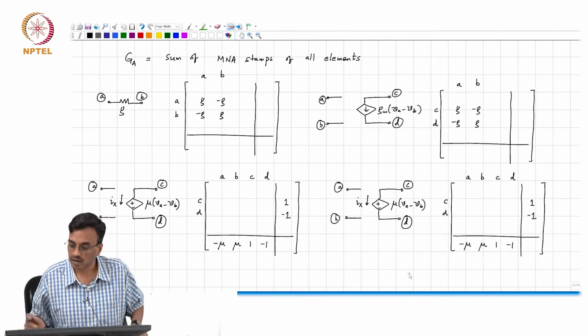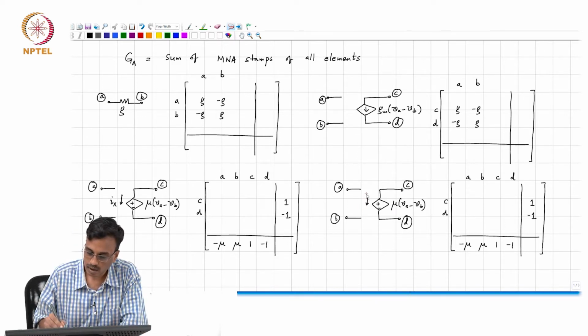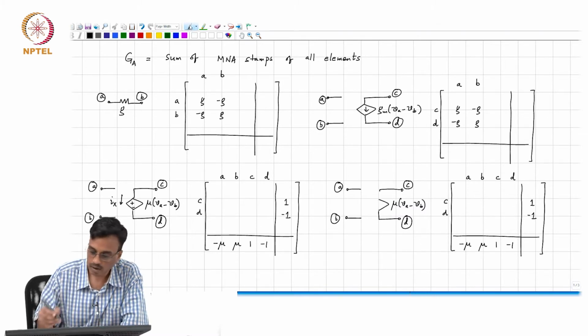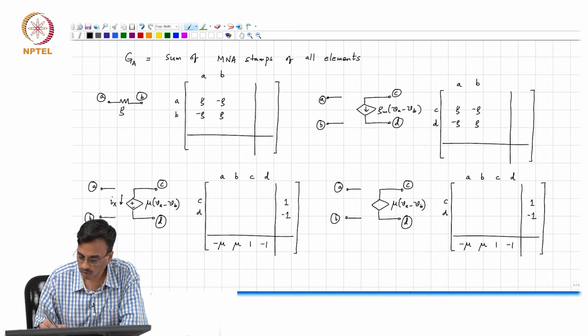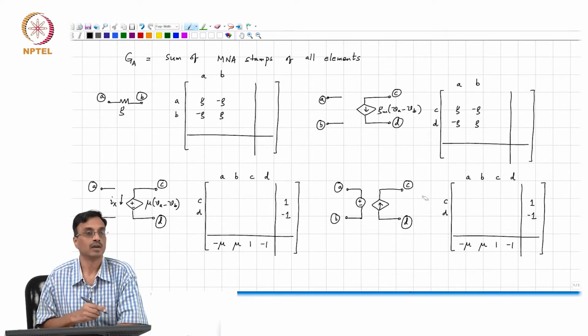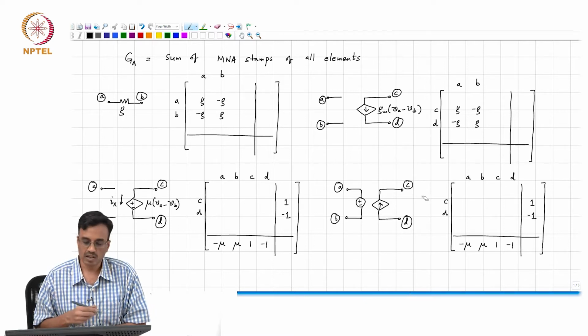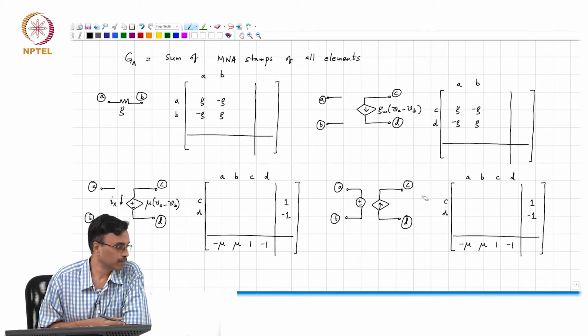The next controlled source is the current controlled current source. Remember, a current controlled current source always measures the current through a 0 voltage source.